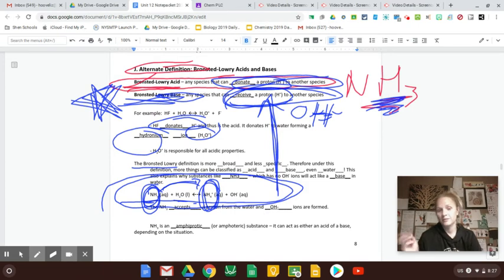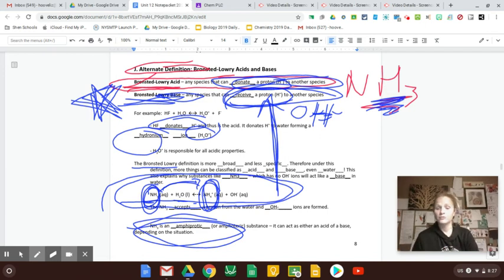It's doing base stuff. NH3 in different circumstances can also act like an acid. Just like if you can write with both hands or play baseball with both hands, you're ambidextrous, if NH3 can act like an acid or a base in different reactions, we're going to call it amphiprotic.